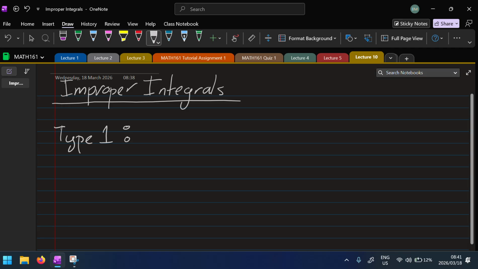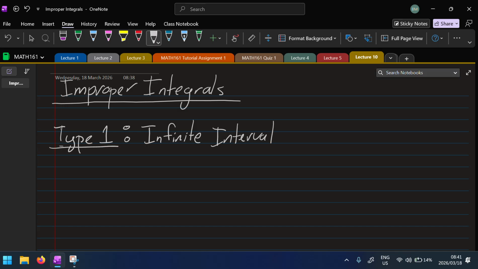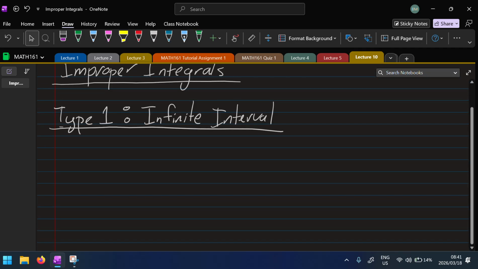Again, type 1, this is what the textbook calls type 1. This is when we have an infinite interval. What do we mean by an infinite interval? It means if we have the interval a comma b that we're integrating over, either a is infinite, b is infinite, or both of them are infinite. So it will be something like this.